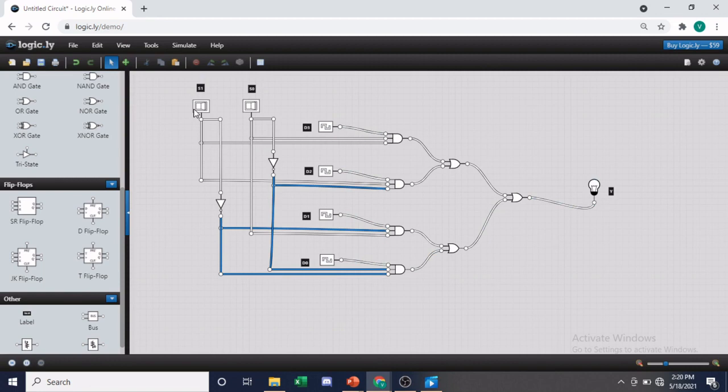When 0, 0 is given as input, D0 is activated. So the output of D0 only decides the output.